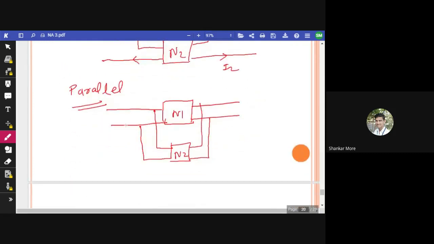Here input is in parallel, and output is also in parallel. But it is not necessary that input and output are both in series or both in parallel. It may be like input is in series, output is in parallel, or output is in series and input is in parallel. It may change. So in such cases, we have to take that into consideration.